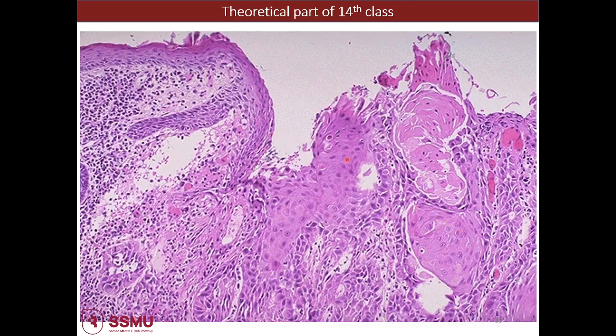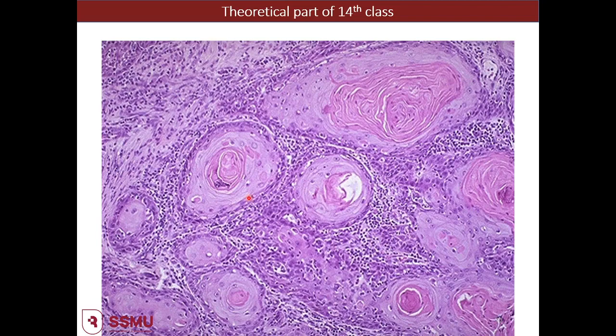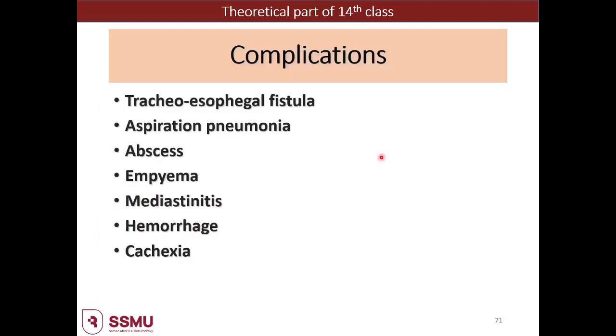It's a non-keratinous type of tumor, and you may see the typical manifestation of it here. This is a keratinous type of tumor, with formation of cancer pearls in the tissue.